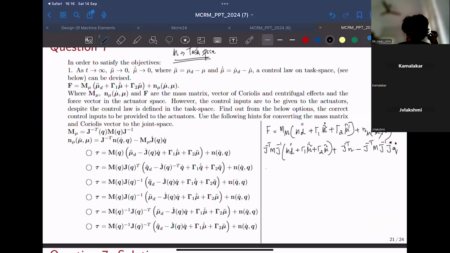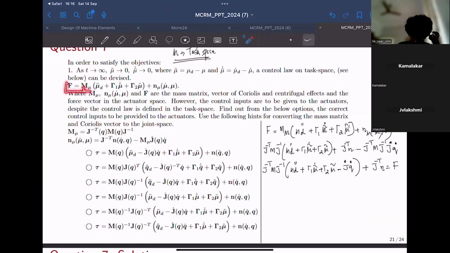If I do that, I'll get J inverse transpose M J inverse, mu psi double dot plus gamma 1 mu tilde dot plus gamma 2 mu tilde plus that remaining term, minus J dot q dot, plus J inverse transpose N. I suppose I am correct until now. This would be equal to this F over here.